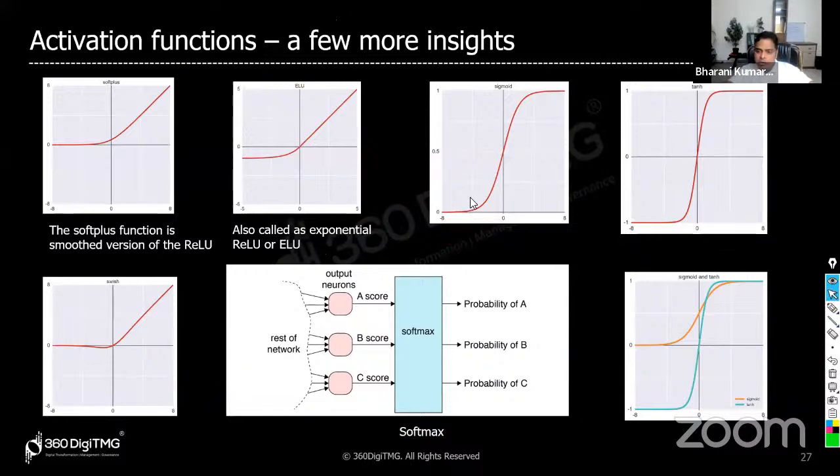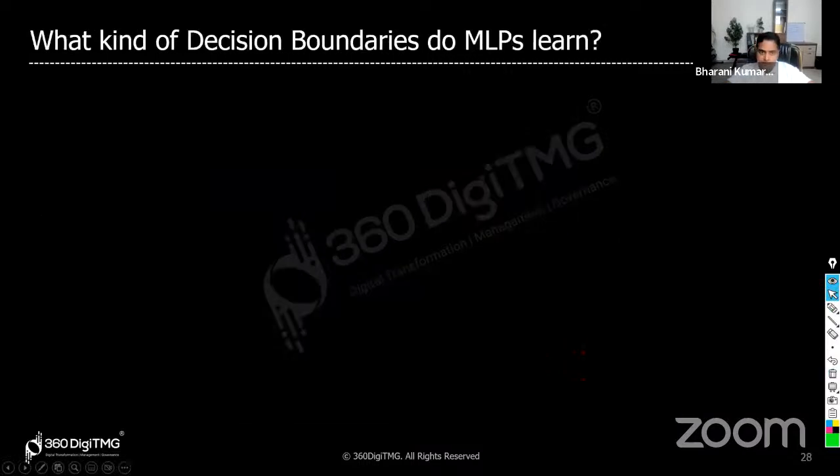So these are the bunch of activation functions that we have. And here you have the difference between sigmoid and tanh. Sigmoid would give you values in the range of 0 to 1. Tanh will give you values in the range of -1 to +1. Okay. So that's about the activation functions.